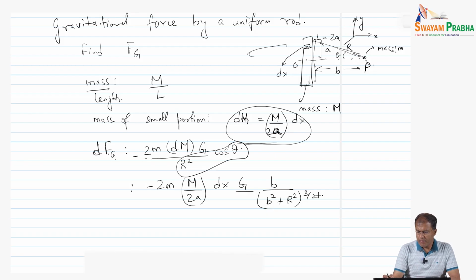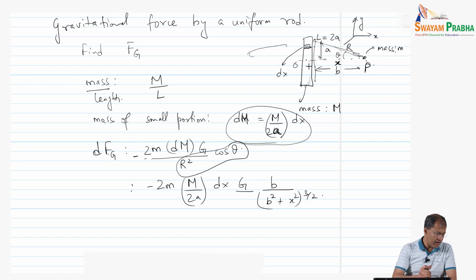Now the problem is this r, well, something is wrong here, so that is what I was saying. So this is b over b squared plus x squared, where x is this distance. So our r depends on this horizontal distance x of the particle small m from the rod.